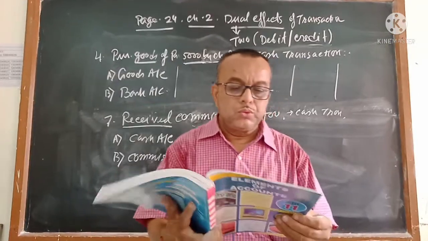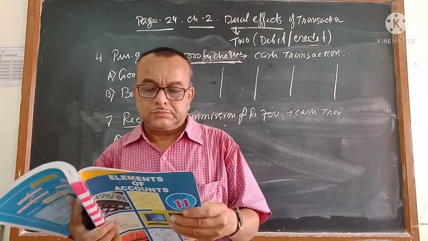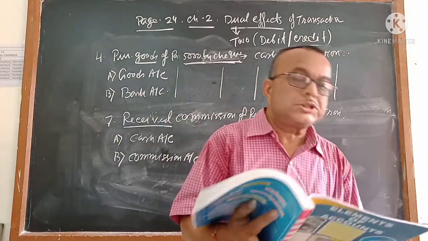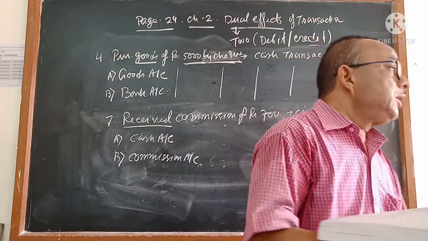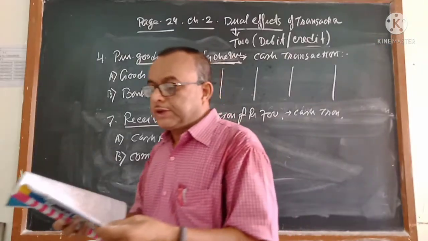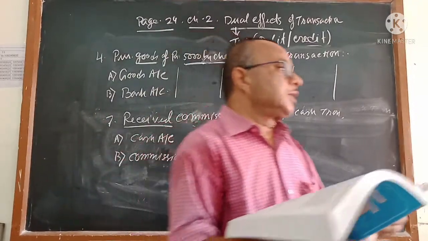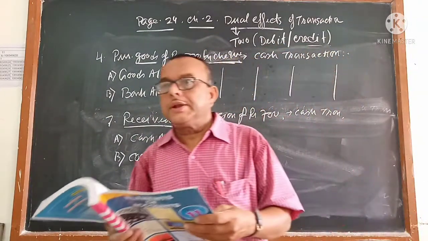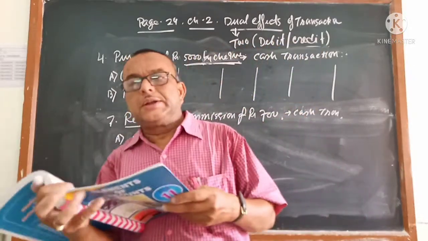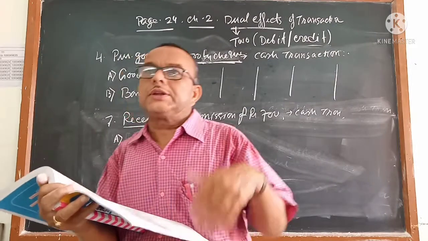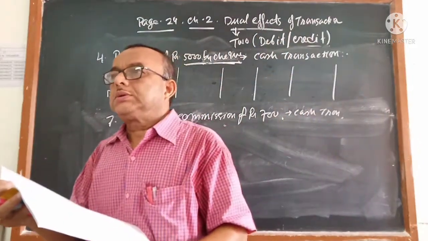Now come to page number 28, illustration number 2. I want to explain. In the previous video I explained whether it is a cash transaction or a credit transaction. In this video I want to explain once again whether it is a cash or credit transaction, and what two effects will come from each one.